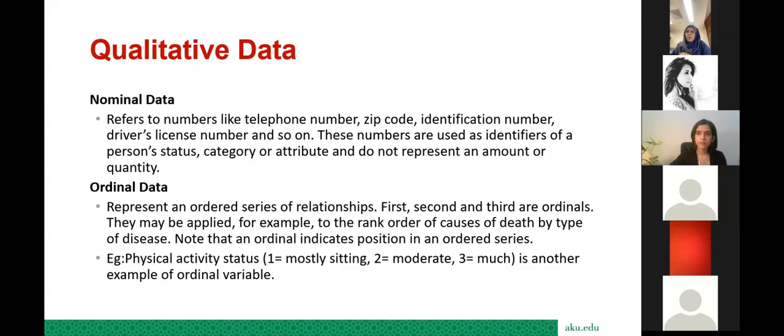Or physical activity status: if you have categorized it into mostly sitting, moderately sitting, or all the time sitting, that has an order. So if a categorical variable has an order, that is ordinal data.